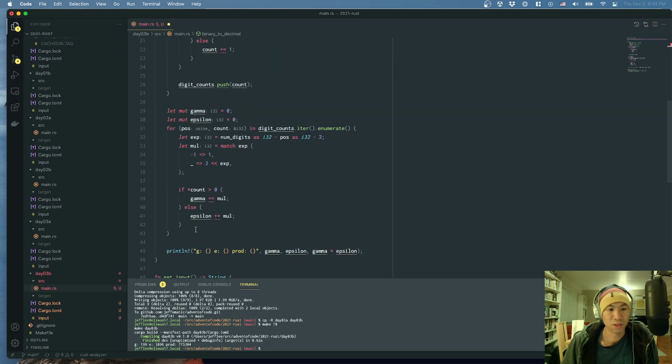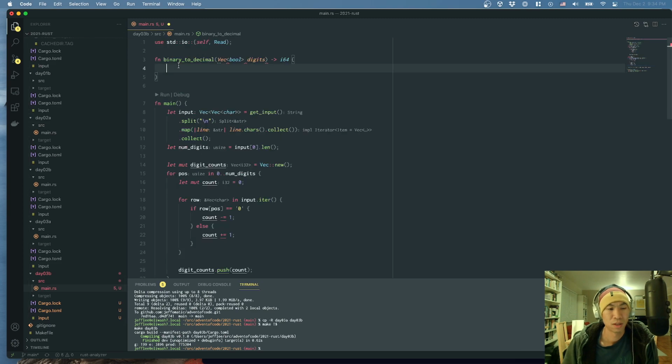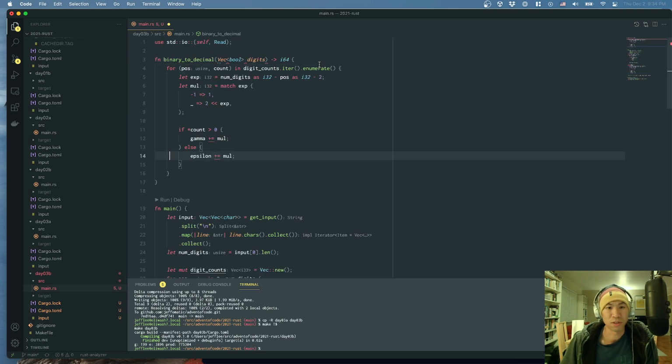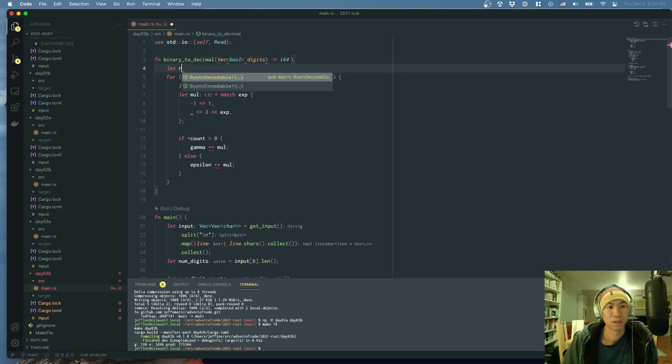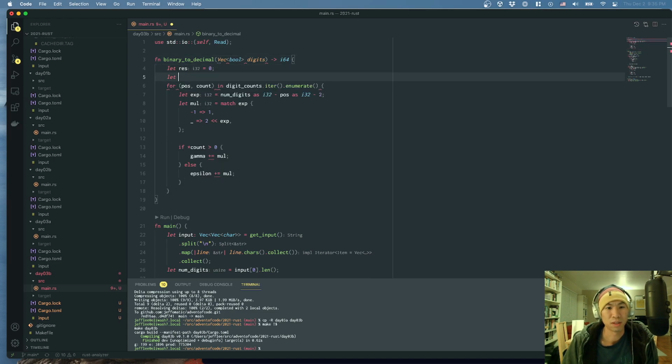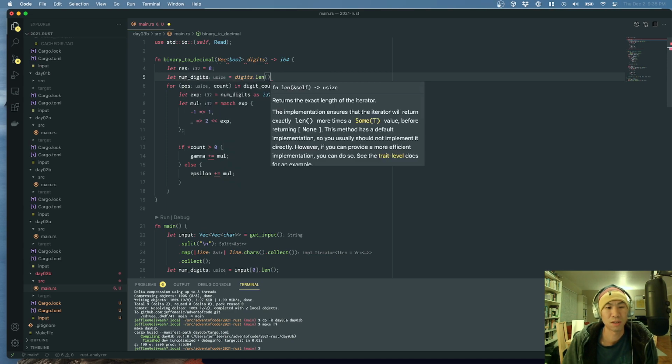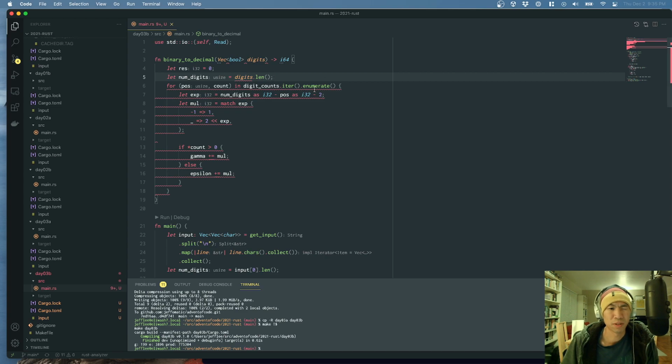And we're going to do something similar to what we had before. We're going to say that the result starts off at 0. Let num digits equal the length of digits. I don't think it's easier to type this than this, so maybe we don't need this.